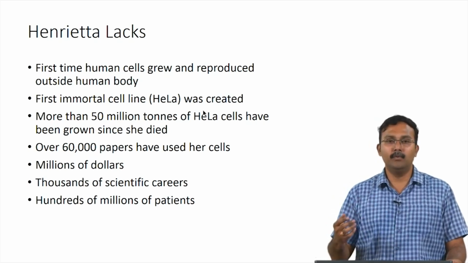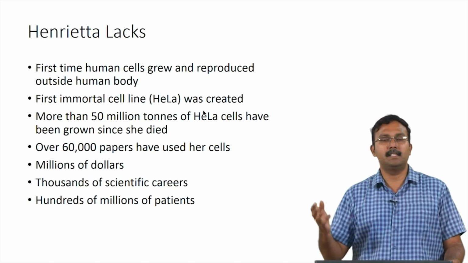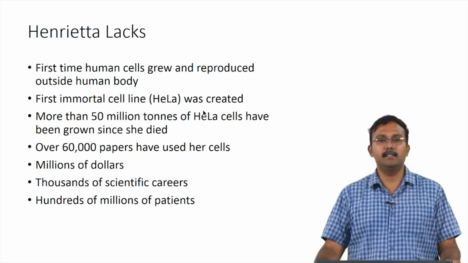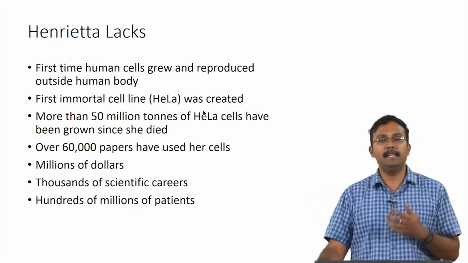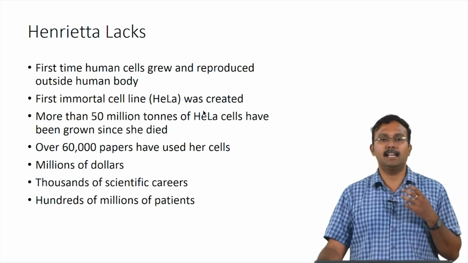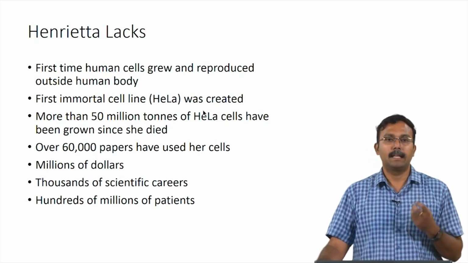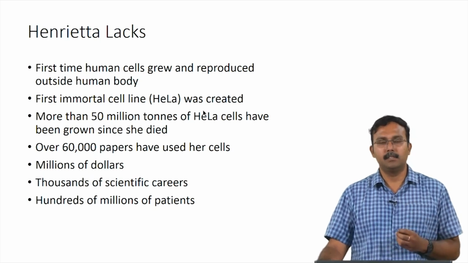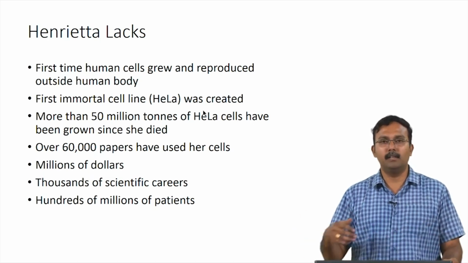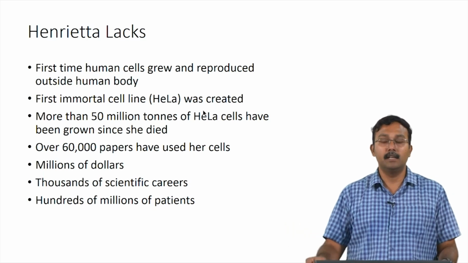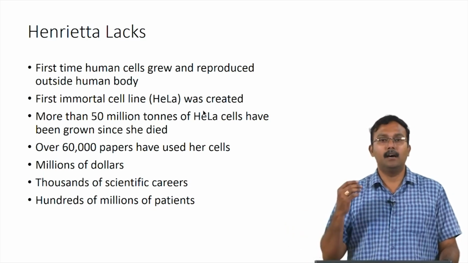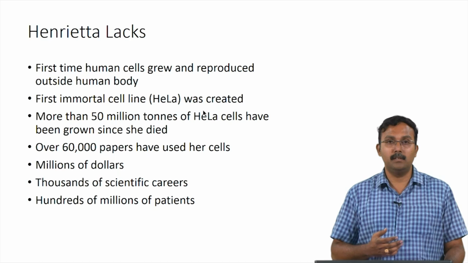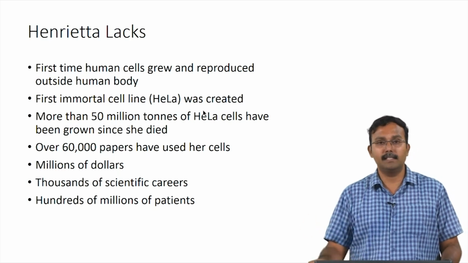So, over the last 60 plus years, close to 70 years, more than 50 million tons of HeLa cells have been grown, and over 60,000 papers have used her cells. So, publications in research journals are more than 60,000 and they have all used HeLa cells.